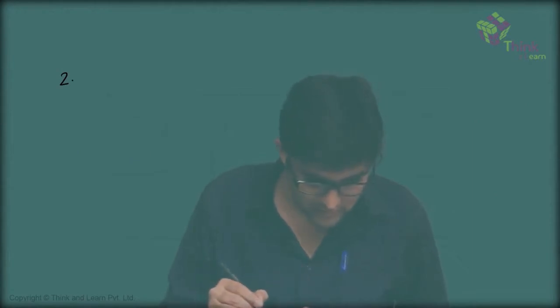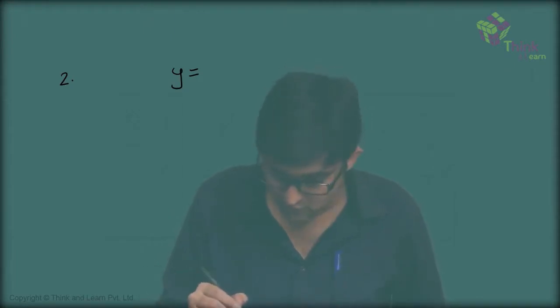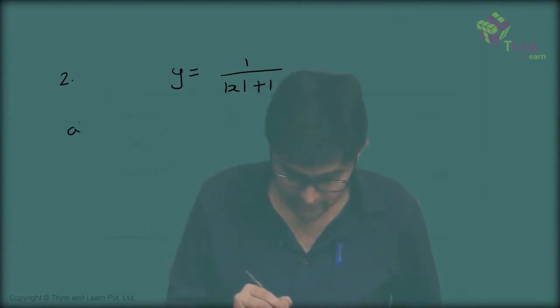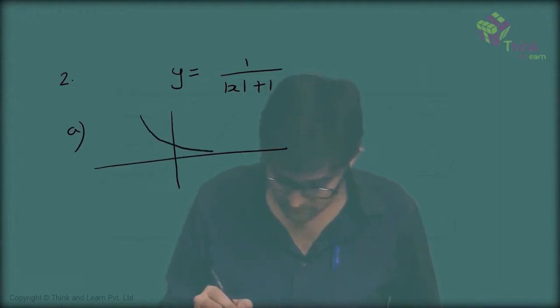Question number 2. The question is, I have a graph which I need to find for this function y is equal to 1 by modulus of x plus 1. I've been given 4 options here. Option A, something like this.